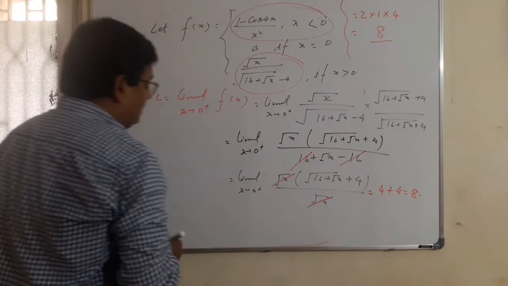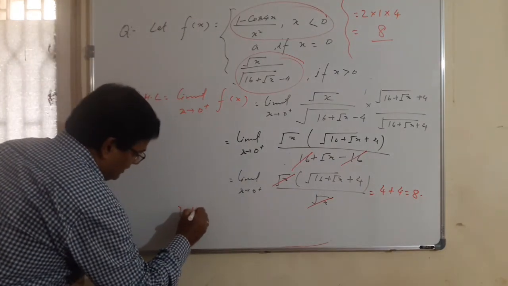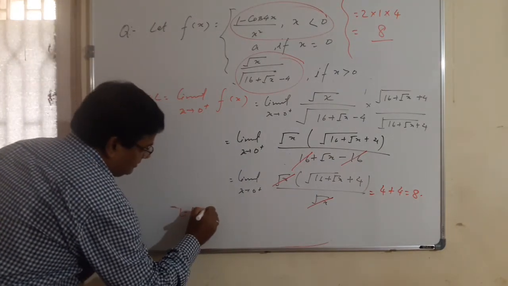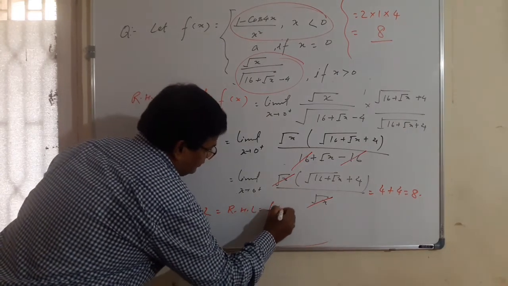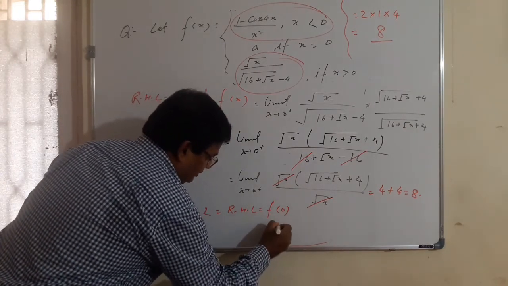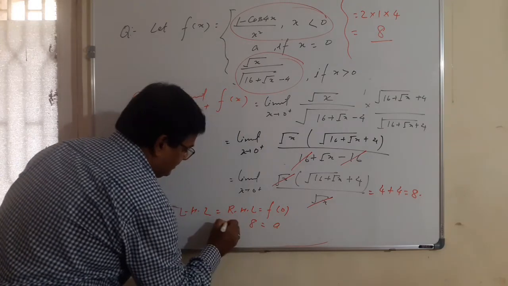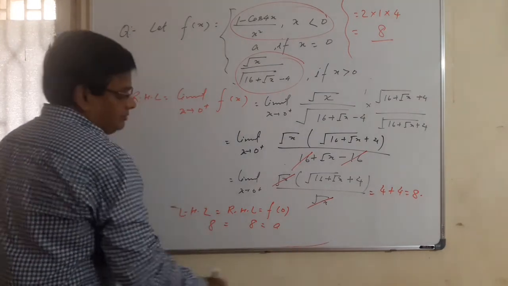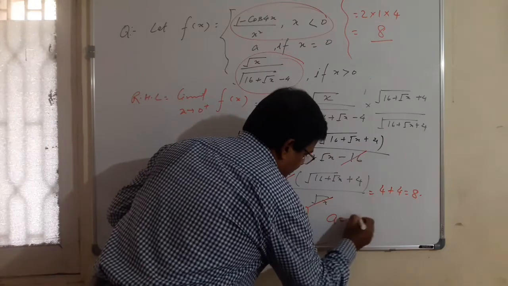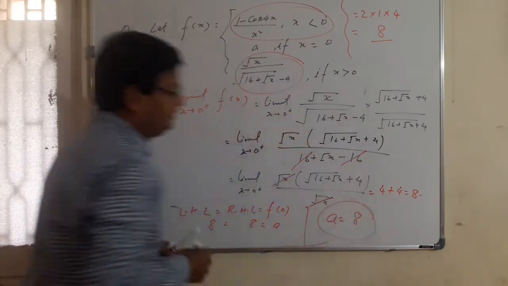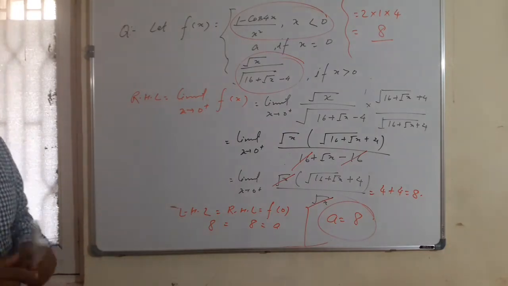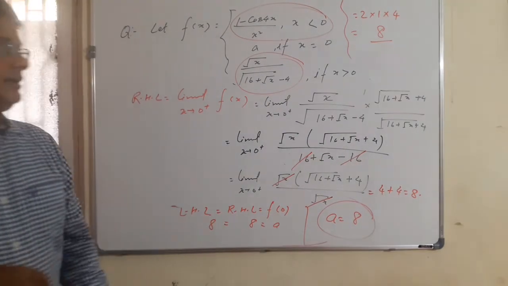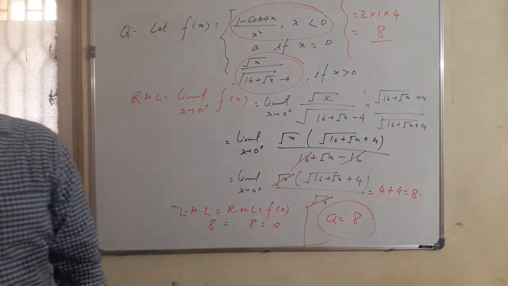It means left hand limit, right hand limit, and f(0): f(0) is a, right hand limit is 8, left hand limit is 8. So the value of a is equal to 8. You got the value of a. Similar types of questions you try to solve from other books.